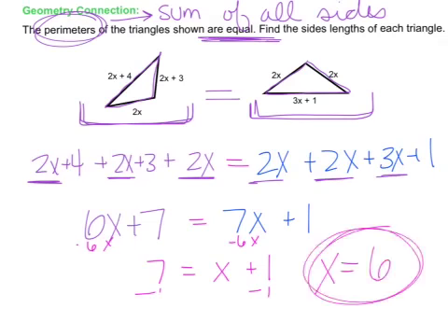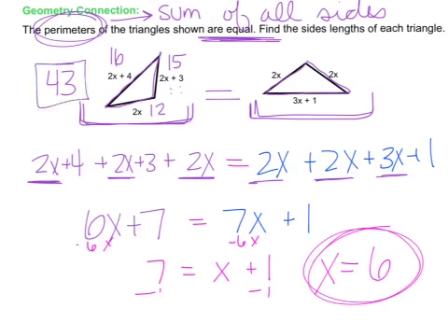So if we plug it in and check our answer, we have 2 times 6, which is 12, plus 4, that's 16 there. If we add those all up, we get 43 over here.